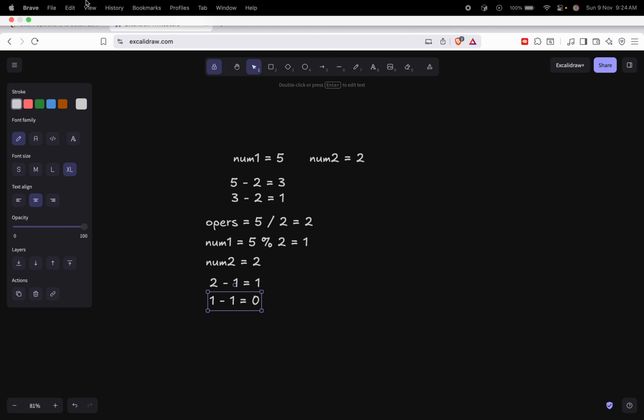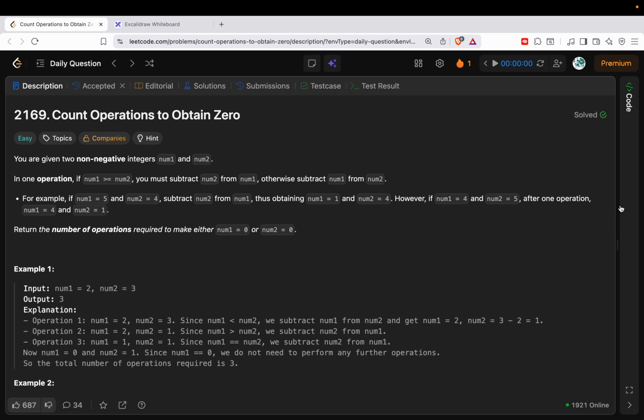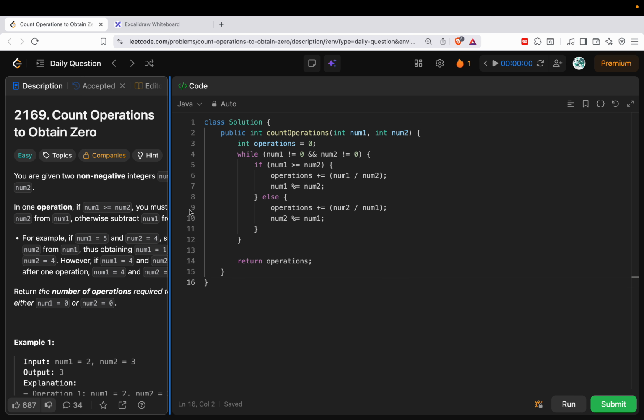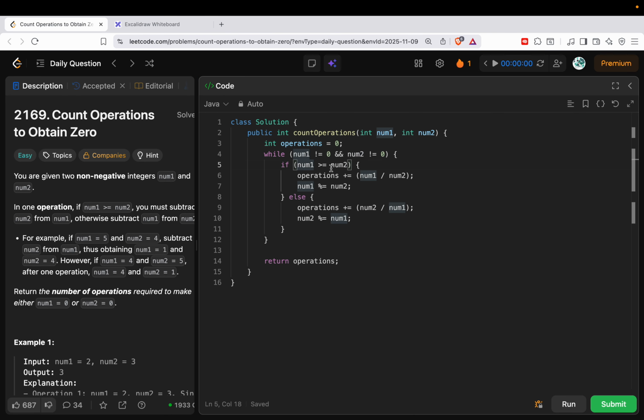Let me jump back to the code and show you what I have written. Initially I've defined a variable called operations as 0. Since both numbers are non-zero, I have to perform the operations. If num1 is greater than num2, I calculate the operations required, which is num1 divided by num2, and then num1 becomes num1 modulo num2.